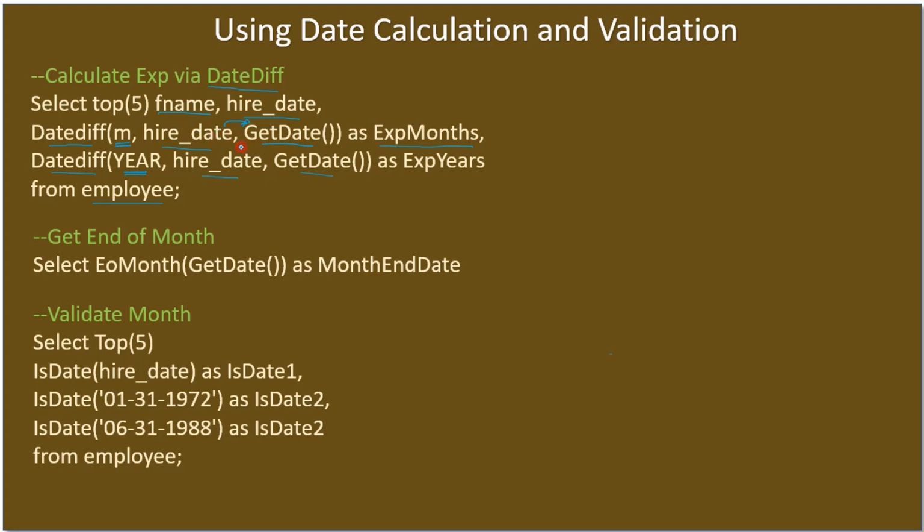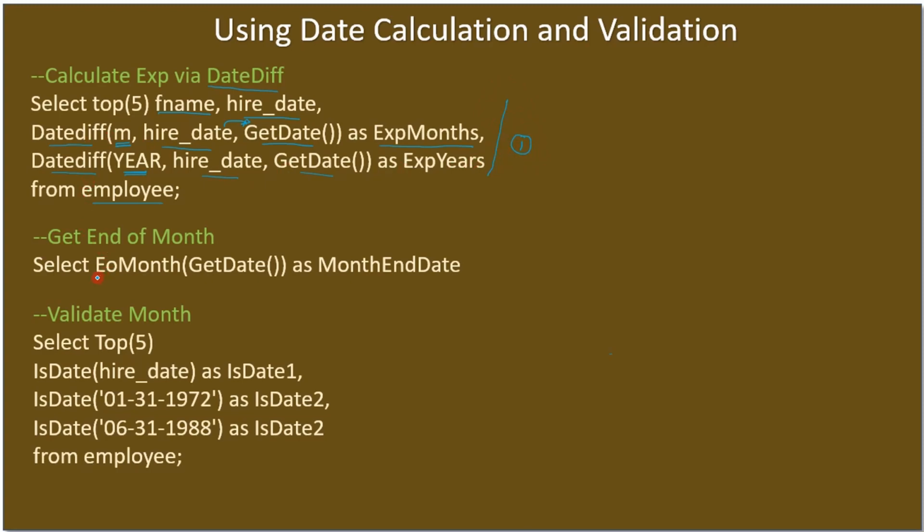How we want to return the result is specified by the first parameter. Here we specify month, which means we are calculating experience in terms of months. And in the second function call, we specify year, so we get experience in terms of years. So this is one example. Here we explored DATEDIFF.